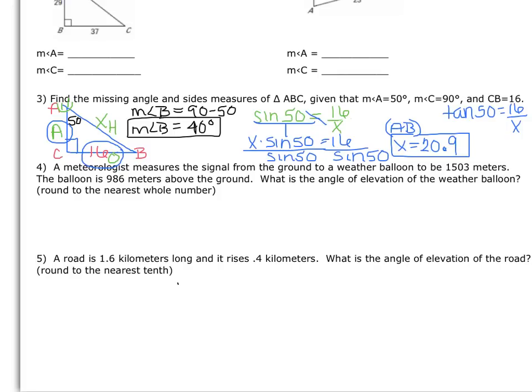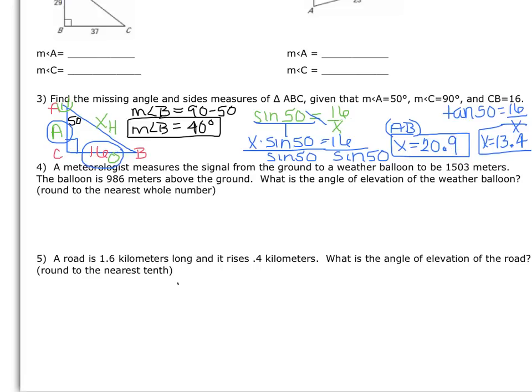So again, we're going to do that. Now that is 13.4. So now we have all the missing angles because we have C is 90, A is 50, B is 40. Side CB is 16, side AB is 20.9, and side AC is 13.4.